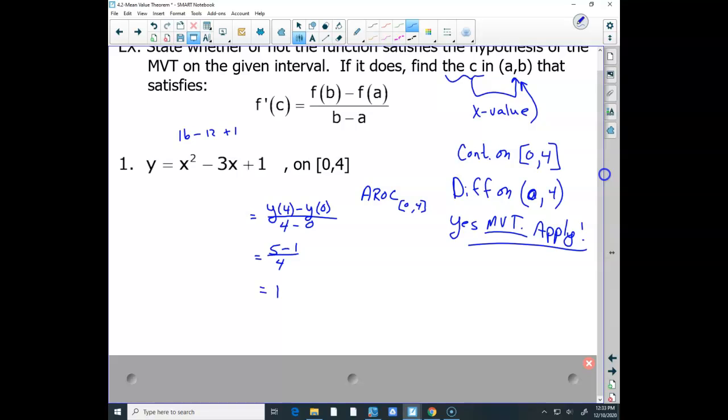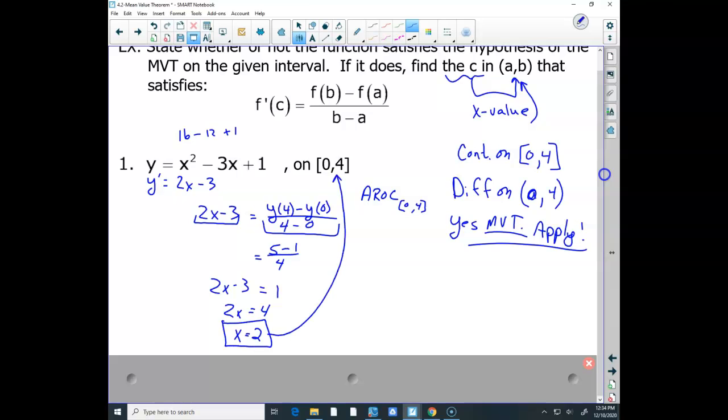I need to know when y prime, which is 2x minus 3, equals the AROC. So I'm going to bring that down. When does 2x minus 3 equal 1? Well, 2x equals 4, so x equals 2. Now notice, I have to triple check: is this value I found in that interval?